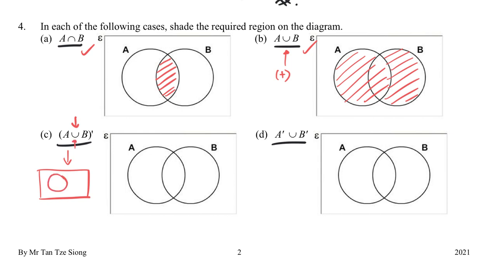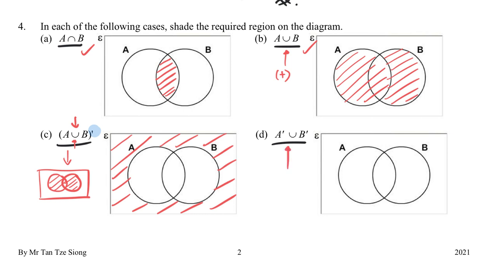So from part B, A union B is talking about everything inside the two sets. Now once I show the complement here, it's talking about everything that's outside of it. So then I know that it has to be the shading of everything outside the two circles.